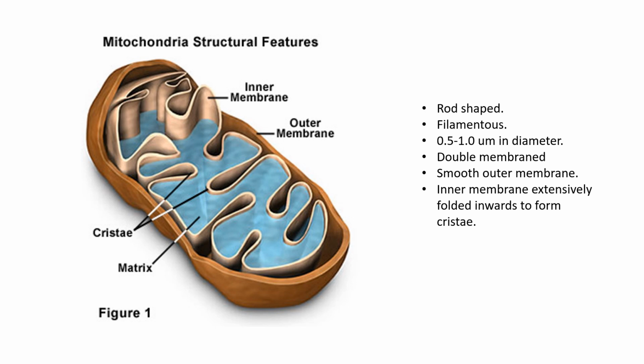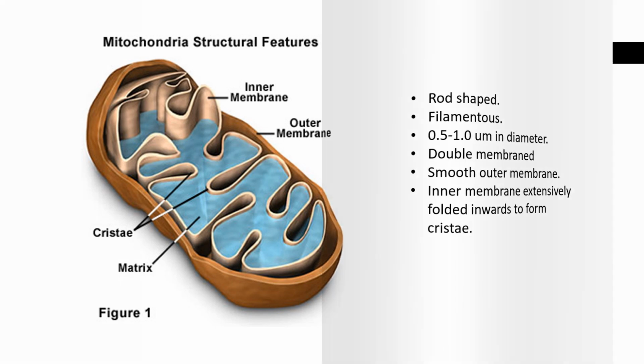These two membranes have different compositions. In particular, the outer membrane is relatively permeable to small molecules, while the inner membrane is much less permeable and contains integral proteins of the electron transfer chain.